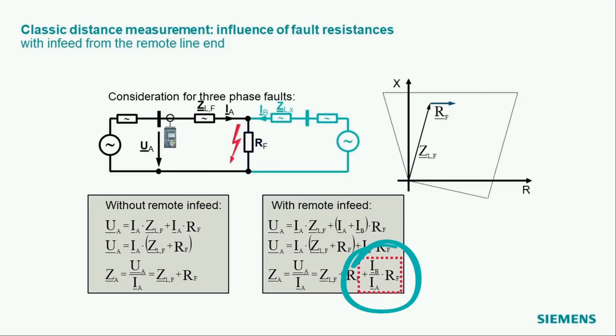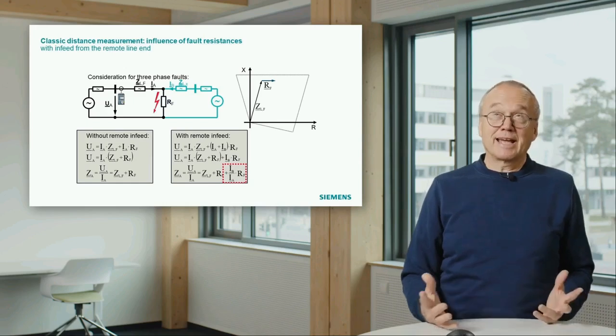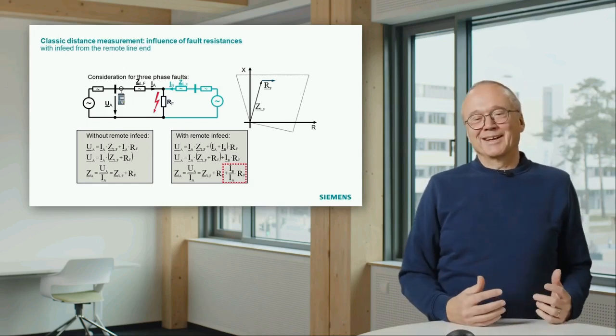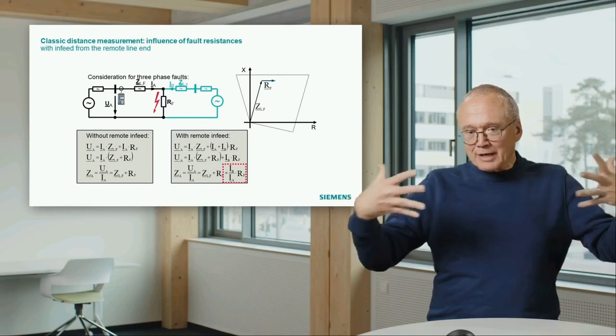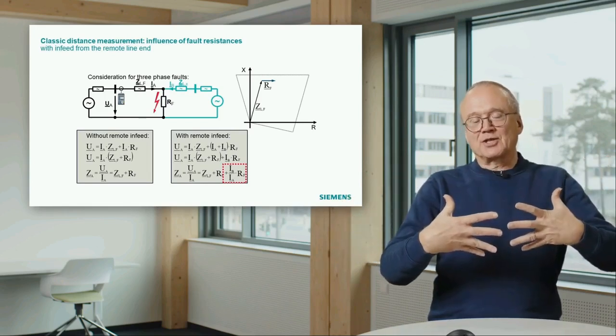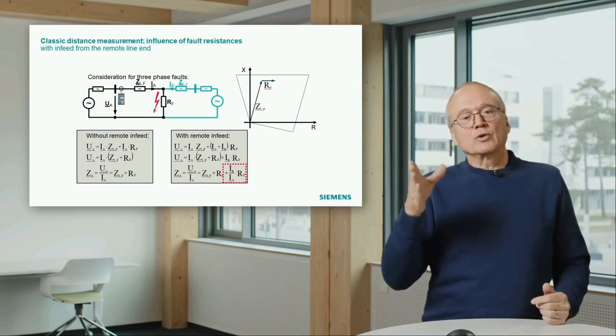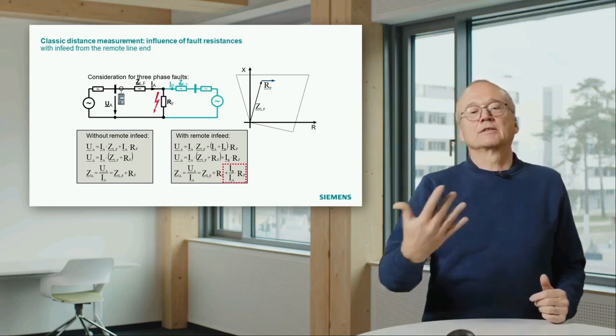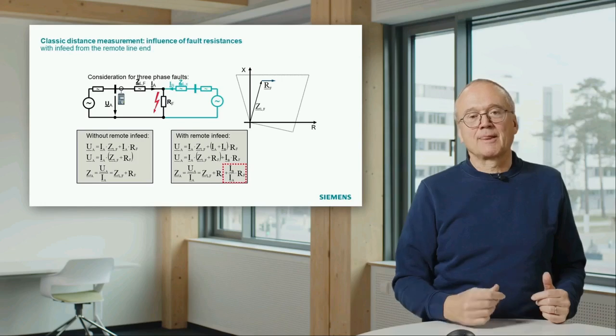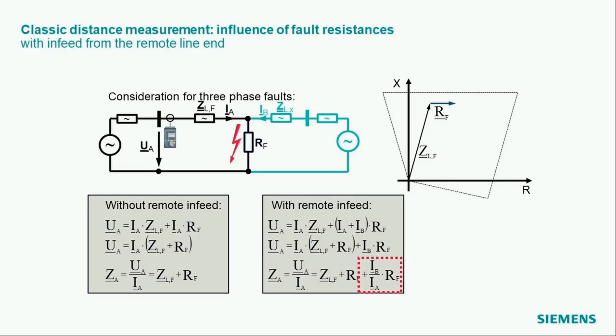It is proportional to the fault resistance, but multiplied by IB divided by IA, sorry. That means if the current from both sides are the same, this ratio would be 1, then you would measure just double the fault resistance. And depending on the ratio, it can be higher or lower.